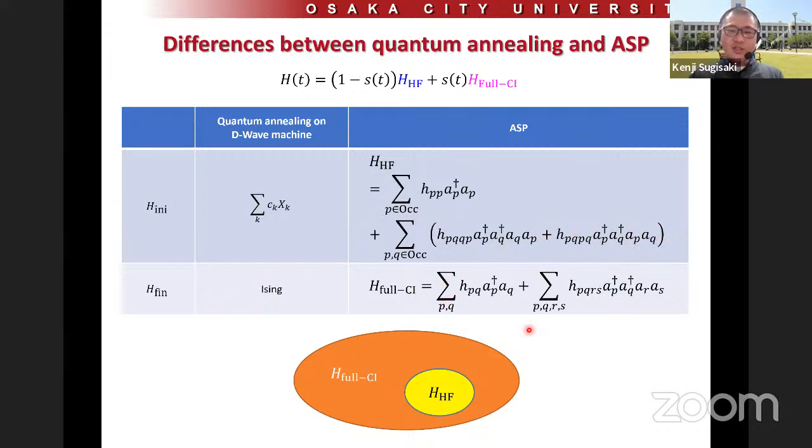And this full-scale Hamiltonian also includes Pauli X, Pauli Y, and Pauli Z operators. So this is another difference. In quantum annealing on the D-Wave machine, the starting Hamiltonian should be only Pauli X operators. But in adiabatic state preparation, the Hamiltonian includes Pauli Y and Pauli Z operators, as well as Pauli X operators.